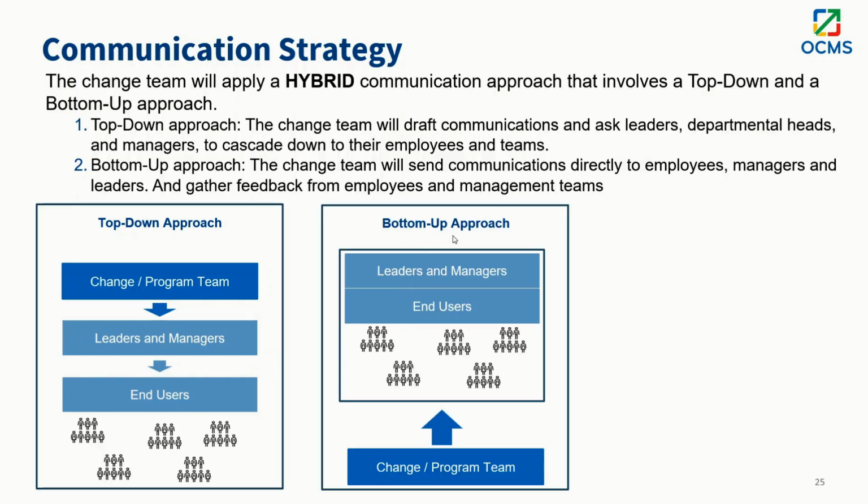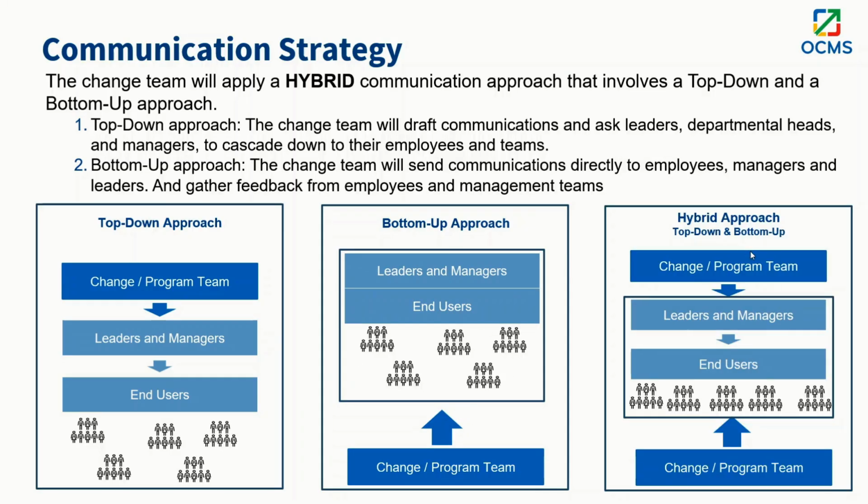For the bottom up, it starts from the bottom. The change and the program team, including the champions, are sending up communications to everyone. That's a bottom up. And so your approach is to use both of them, which is why we call it a hybrid approach. It is very effective to increase change management successes.